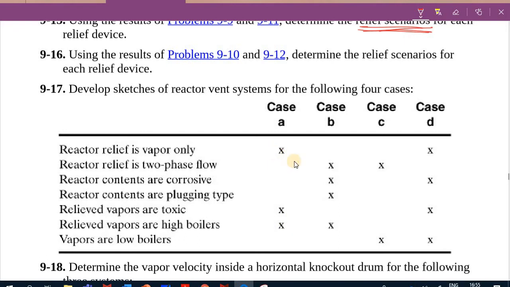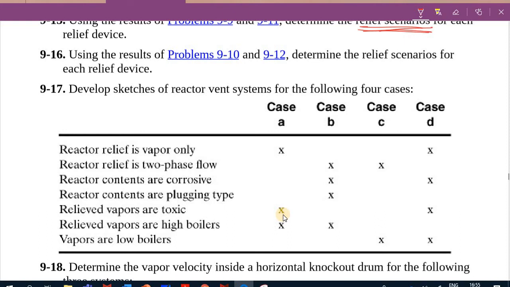As we have vapor only, I can guess I would use a spring one. It says toxic. Well, a spring one can also handle toxic, but I don't need a rupture disc in this case, because I have vapor only. This is toxic, not corrosive, right?